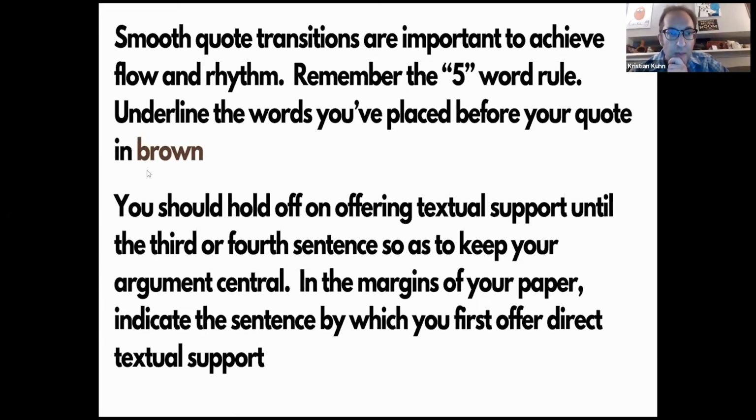So before a quote, I have them underline the words that precede it in brown. And kids will catch themselves. They're like, oh, yeah, geez, man, I dropped a period at the end of my sentence, and then I immediately came with my dump truck and dropped a quote. And I'm like, can't do that. You can't do that. So this is the glory of this. I don't need to tell them this in the margins.